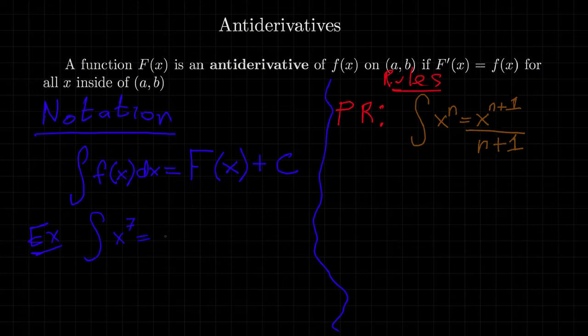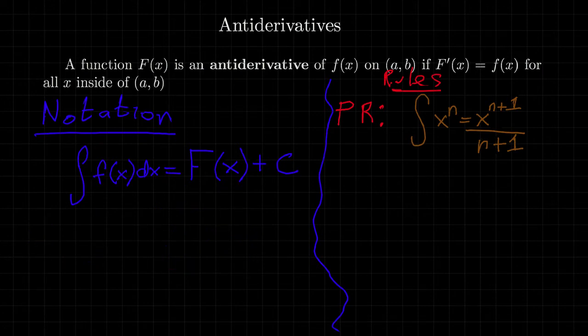So you would say this is equal to the integral of x to the 7th dx. You would add 1 to the exponent, which is going to be 8, and then you're going to divide by that same number, and then plus c. So this is the antiderivative of x to the 7th.